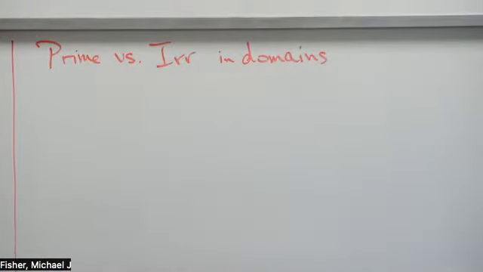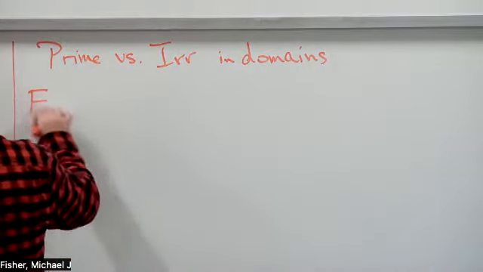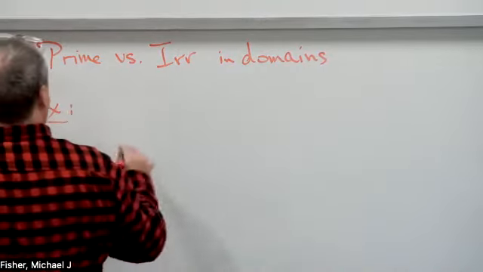In the ordinary integers, if you forget about zero, the notions of prime and irreducible are the same. In the integers, you've also got the fundamental theorem of arithmetic. Y'all remember this one, right? That every integer greater than or equal to 2 can be written uniquely as a product of primes, right? Well, in that setting, these two are synonymous, but they can be different. So let's look at an example.